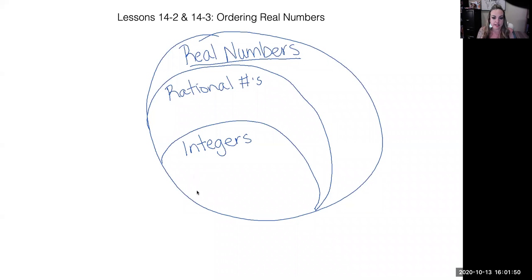And then within integers are the numbers that you most often started dealing with, which are just the whole numbers. So these are numbers, you know, anywhere from 0 and greater on a number line that are whole numbers.